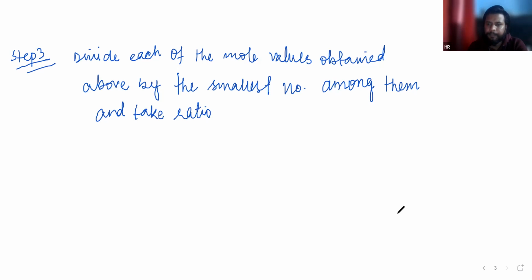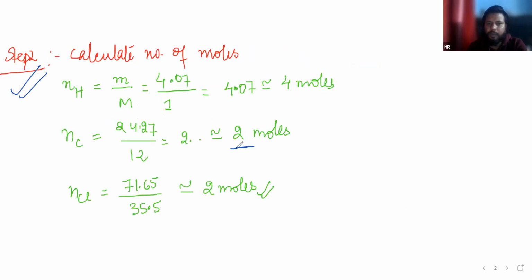Just see, what is the smallest number? 2, and it can divide all the numbers of moles, and we will take the ratio.